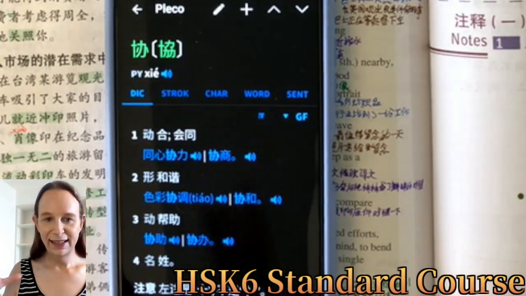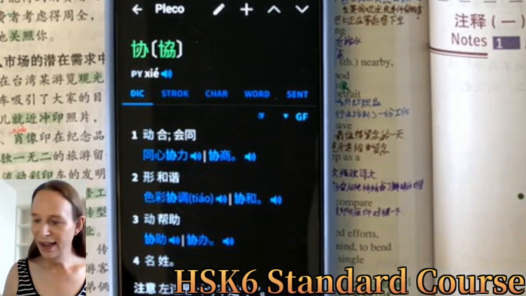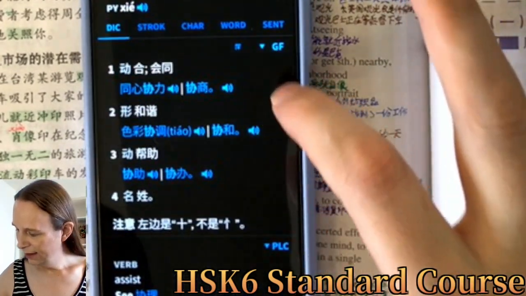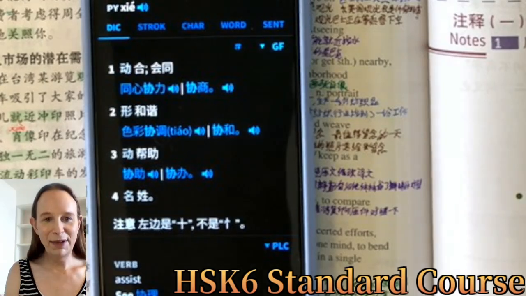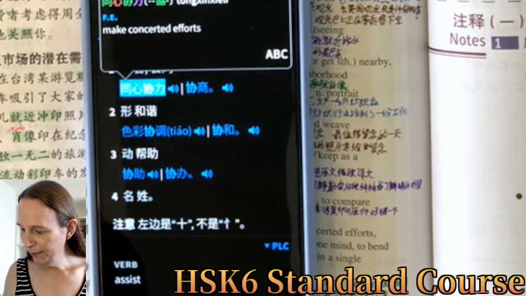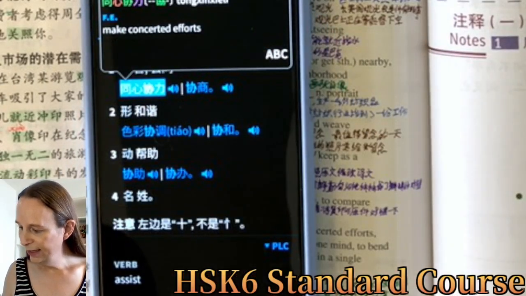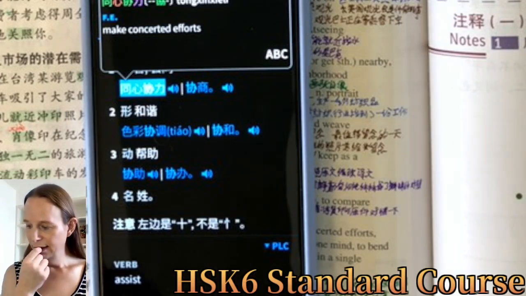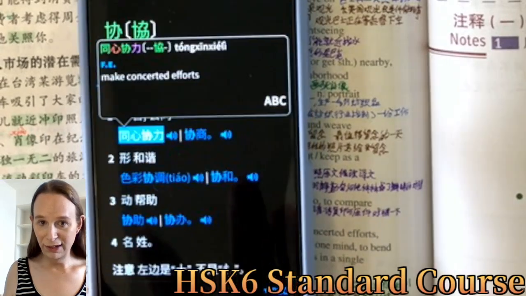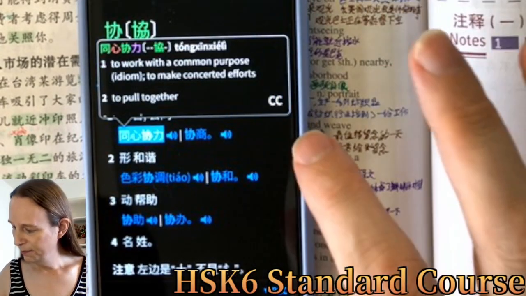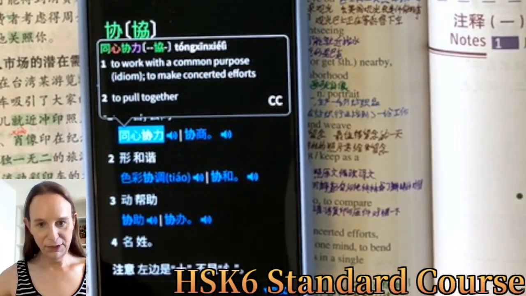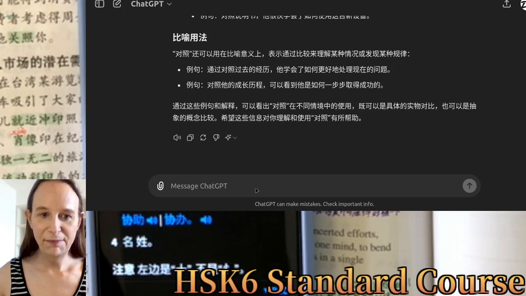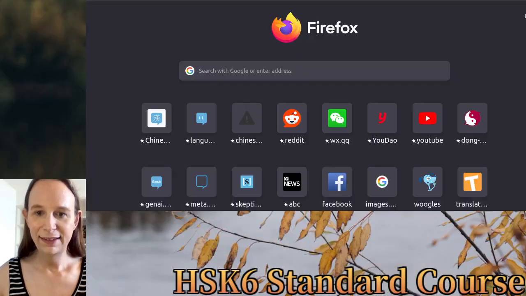Maybe the 协 is like together in the sense of beside each other. 同心协力. Oh, so same idea, but with 同 instead of 齐. 同心协力. Concerted. Concerted or coordinated? Concerted. What's concerted mean? Does it have a meaning that I don't know it has?